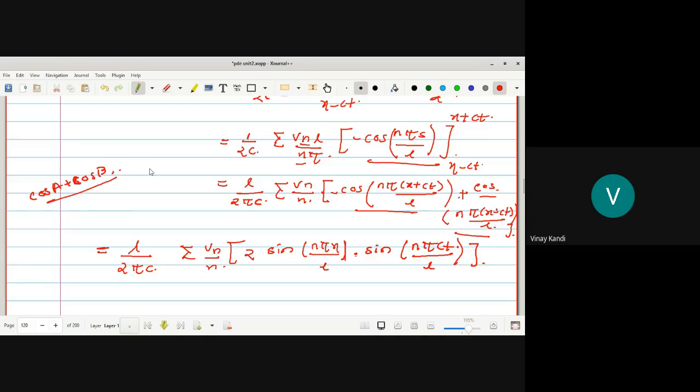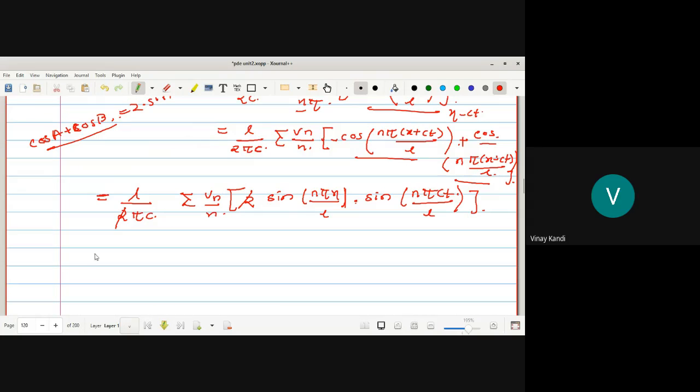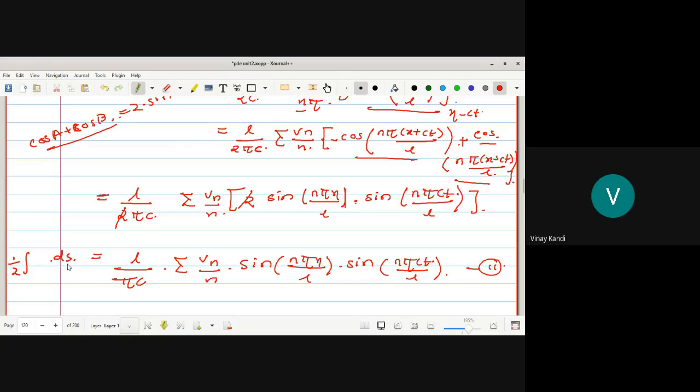Okay, हा formula use केला आपण 2 sin okay हा 2 आता हा 2 cancel आहे. What will remain then, which is equal to L upon pi c into summation Vn upon n into sin of n pi x upon L into sin of n pi ct upon L. Give it as an equation number 11. हा कशाचा आहे 1 upon 2 integration ts ह्याची व्हॅल्यू आहे vs vfs ts.